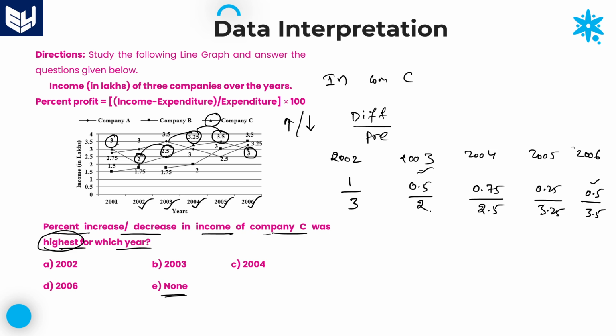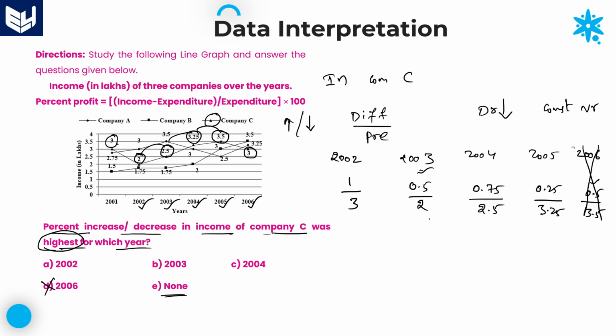Now compare the denominator values. If the denominator value is less with a constant numerator, then that particular value is the highest. In 2003 and 2006, the denominator is highest for 2006, therefore this is the lowest value.